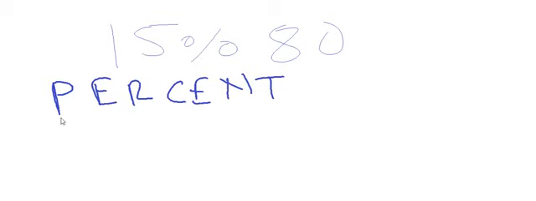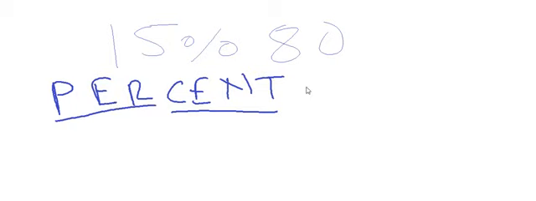Percent is a word composed of two parts, per and cent. Per means per and cent means 100. What is the meaning of this? Per 100 means amount per 100 will be called percent.